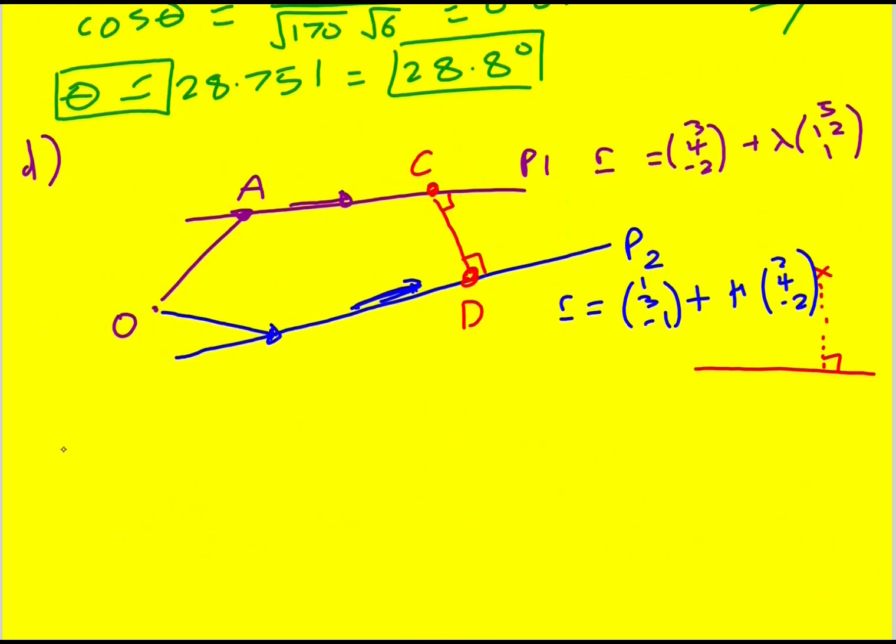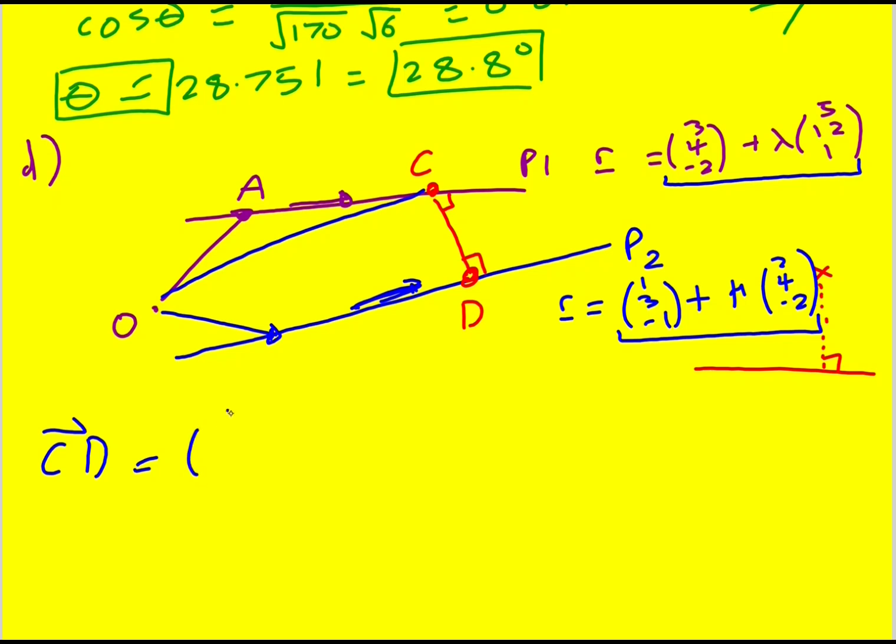So if I want to work out CD, what I would do is I'd go back from C to O, which would mean I'd have minus whatever this is, and I'd go from O to D, so then I would add that on.